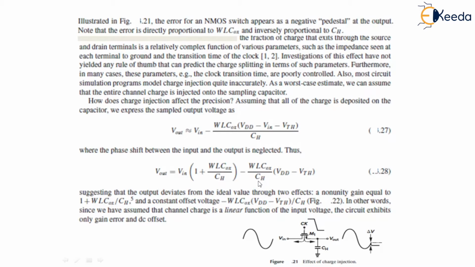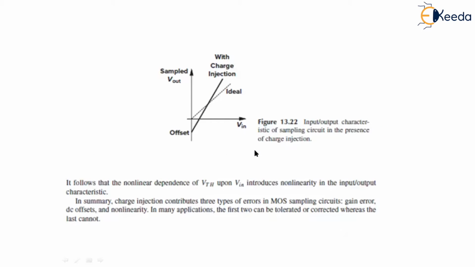In other words, since we have assumed that the channel charge is a linear function of the input voltage, the circuit exhibits only gain error and DC offset. It follows that the nonlinear dependence of VTH upon Vin introduces nonlinearity in the input-output characteristic.